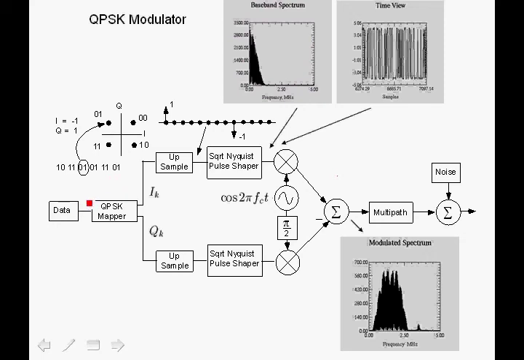So going back to the data source, we have the data generating the ones and zeros. We have a block called the QPSK mapper, which takes every 2 bits and maps it into a point in the constellation. We have an in-phase term and a quadrature phase term, which together form a complex number, with a real part and an imaginary part, or in-phase term and quadrature phase term.